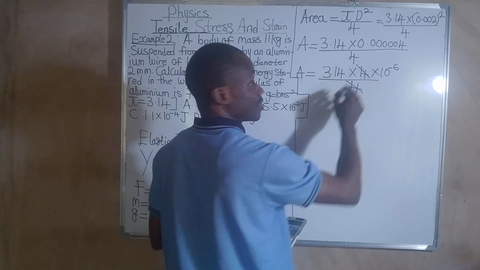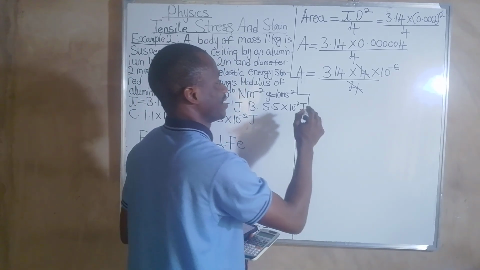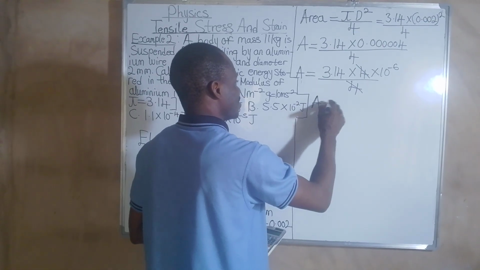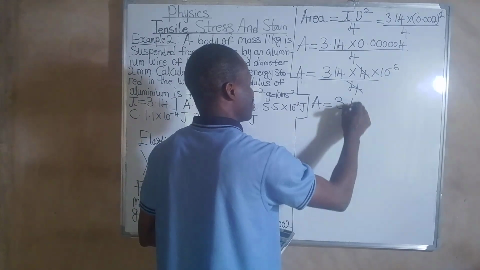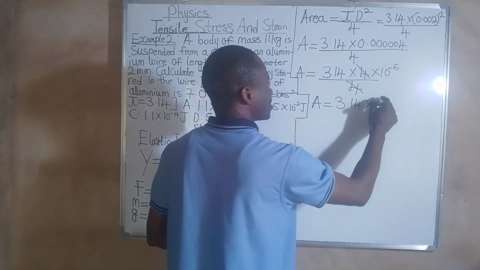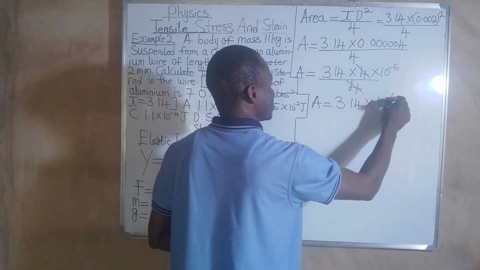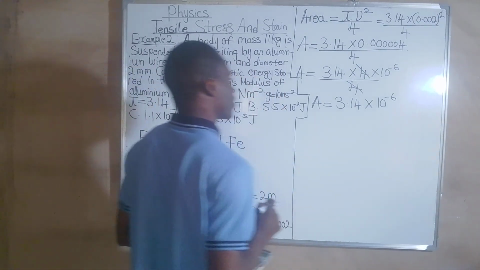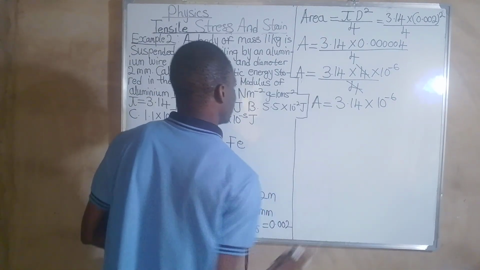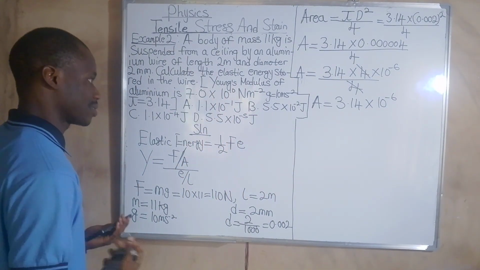Funny enough, 4 cancels 4. Just save your energy: 3.14 times 10 raised to the power minus 6. Good. So we have got our cross-sectional area.